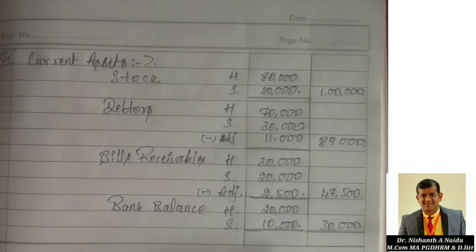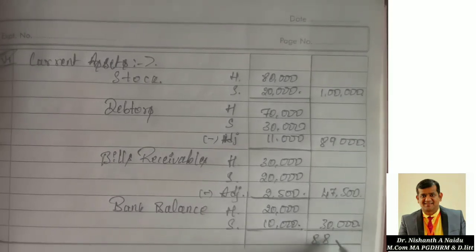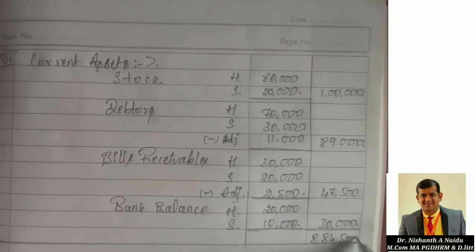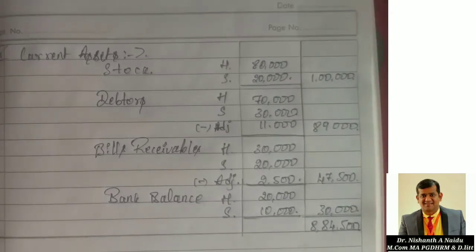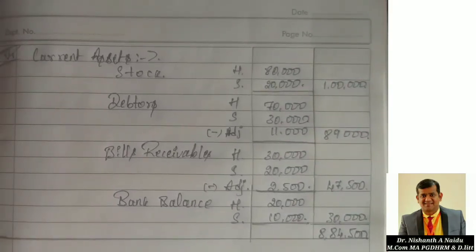So 8,84,500. Both the sides total 8,84,500. So the problem got tallied. So we are done with this consolidated balance sheet.